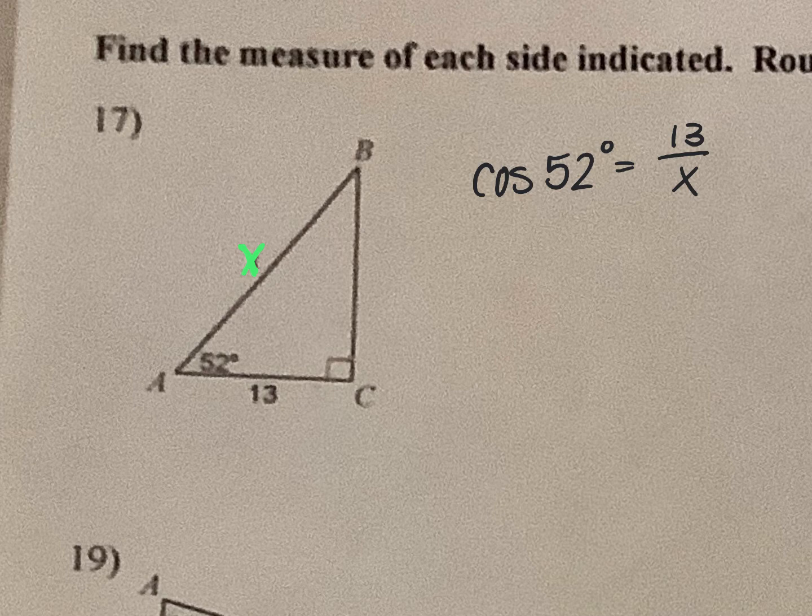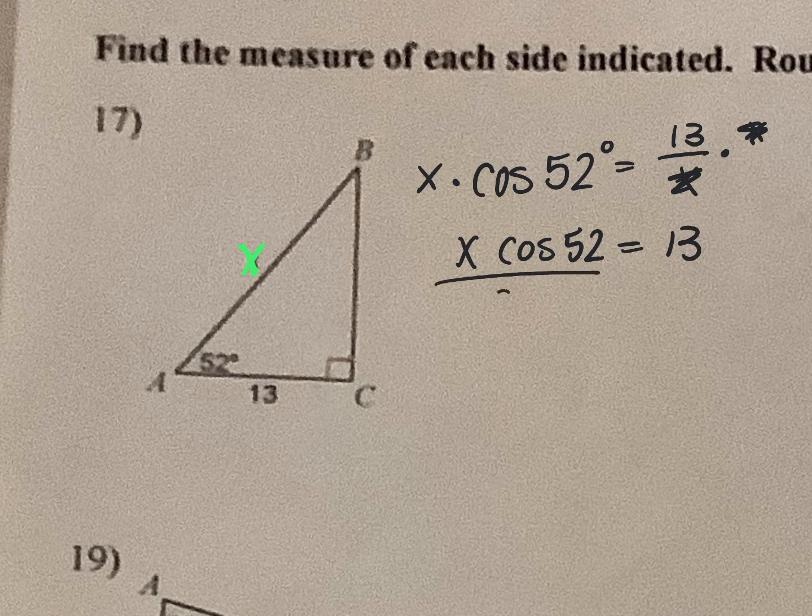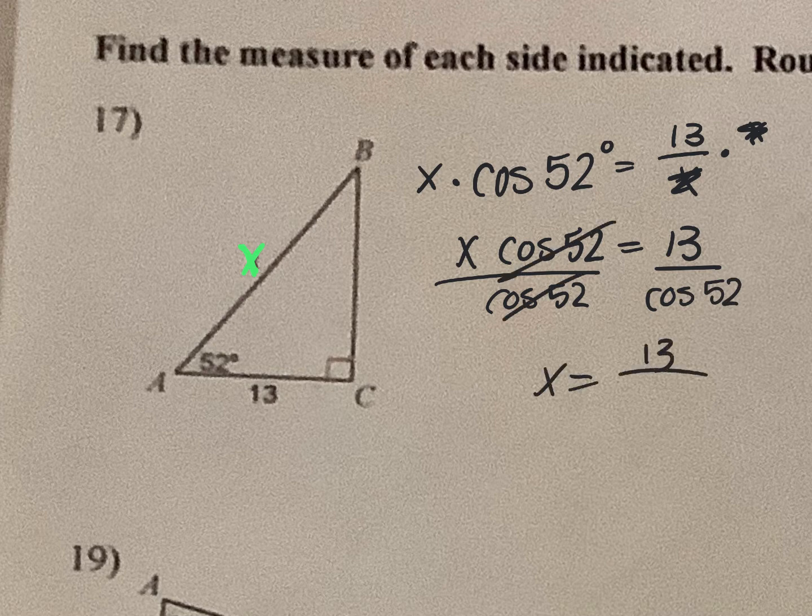You multiply by whatever is on the bottom, even if it's x. To get rid of it, you have to multiply both sides by x. That cancels it out here. So then you have x cosine 52 equals 13. Divide by cosine 52. So then x equals 13 divided by the cosine of 52.